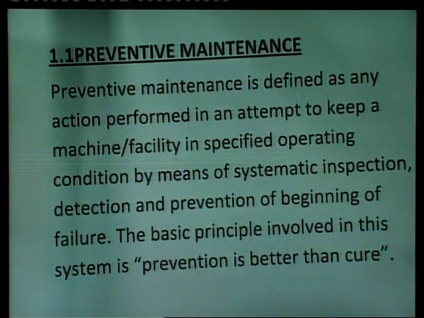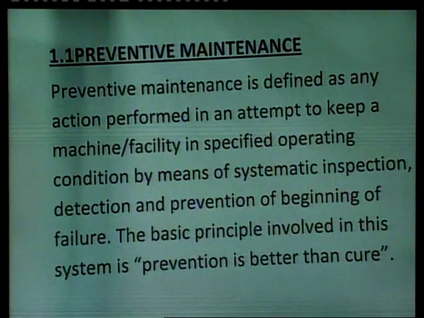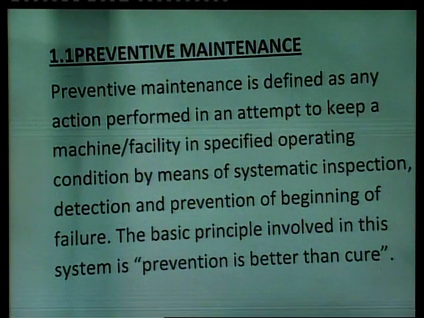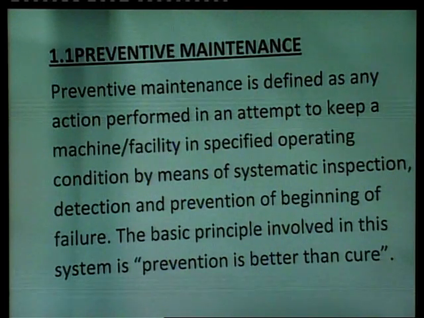So the primary aim of preventive maintenance is to check and prevent the minor or major breakdown of a plant, facility or equipment. It includes inspection, lubrication, adjustments, servicing. In other words, preventive maintenance is an anticipation of the failure and then adoption of necessary preventive action before the occurrence of the failure.